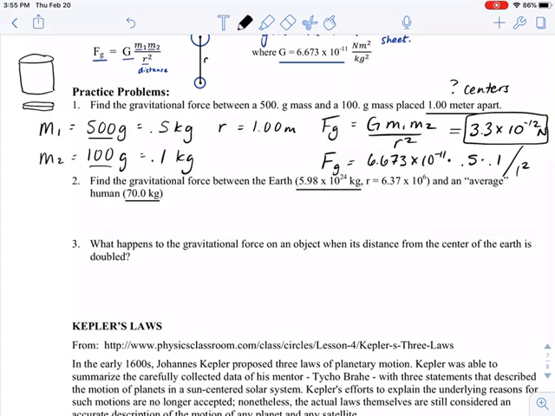The first mass is the mass of the Earth. That's 5.98 times 10 to the 24th kilograms. The mass of the human is 70. And the distance, the radius of the Earth, is 6.37 times 10 to the 6th. Ooh, and this is in meters.